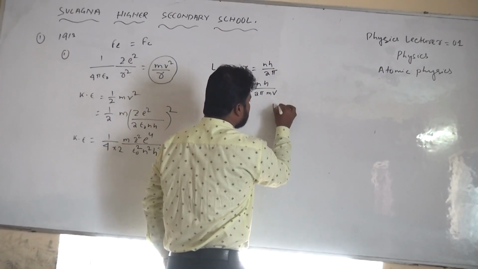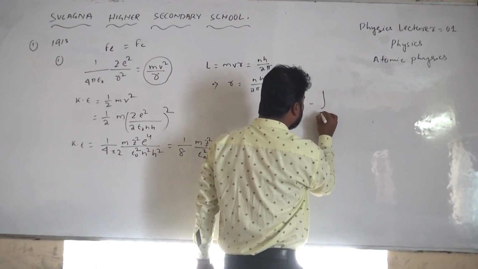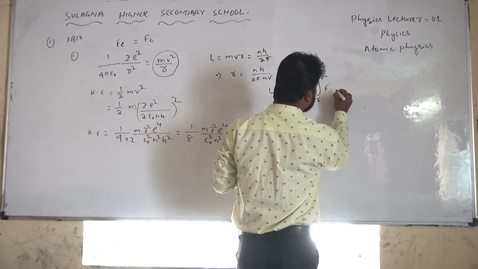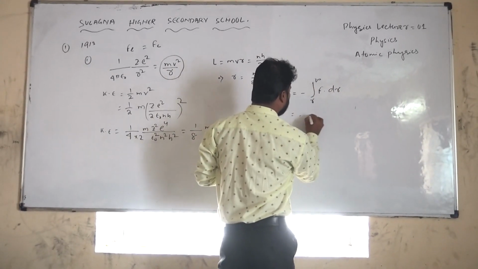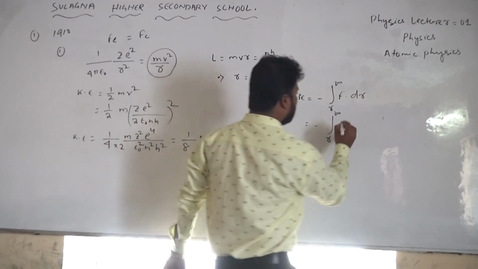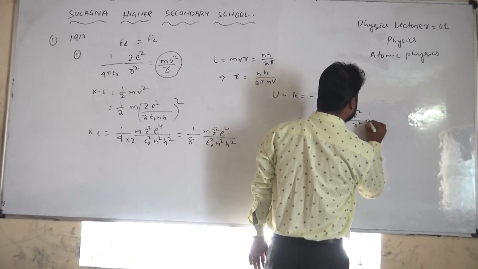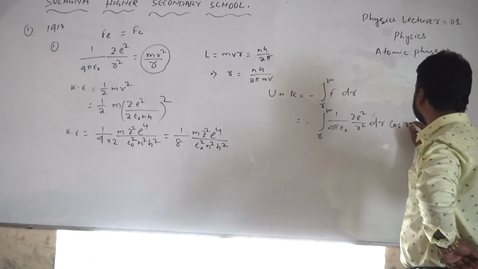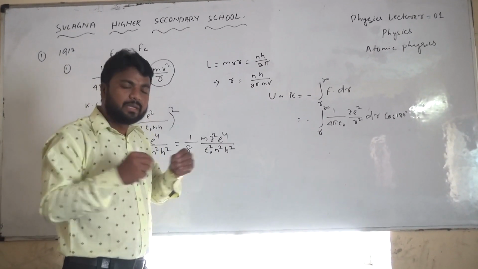So potential energy PE is equal to minus integral from r to infinity of F dot dr, which is equal to minus integral from r to infinity of 1 by 4 pi epsilon naught z e square by r square into dr cos 180 degree, because the force and displacement are in opposite directions, anti-parallel.